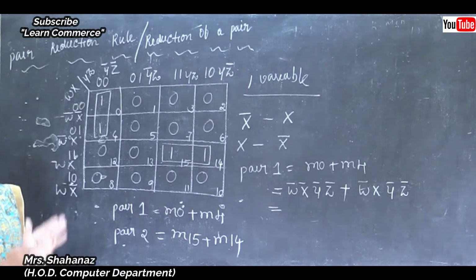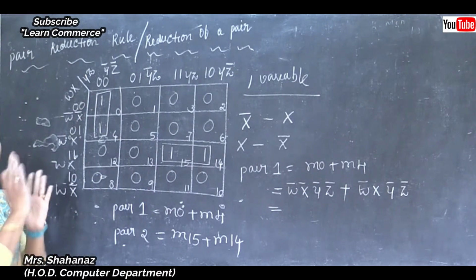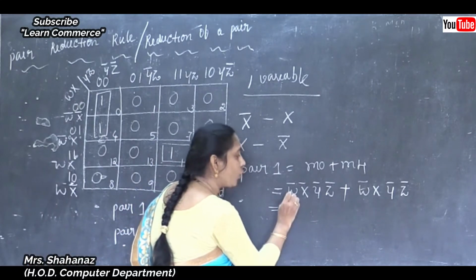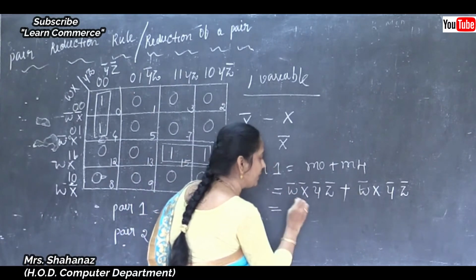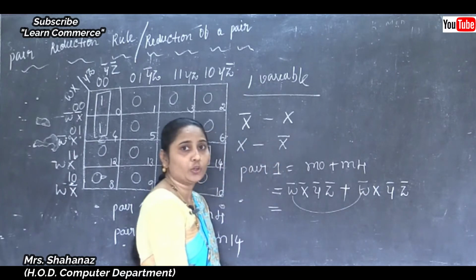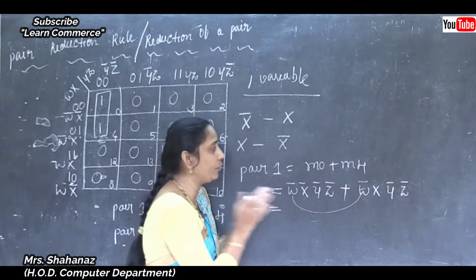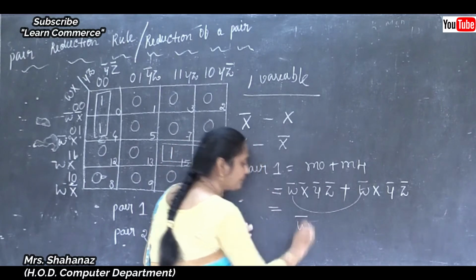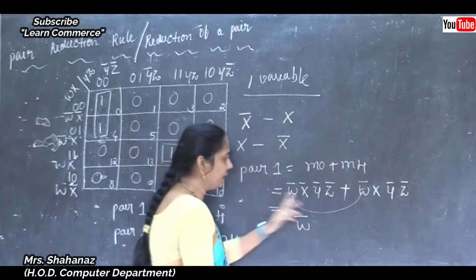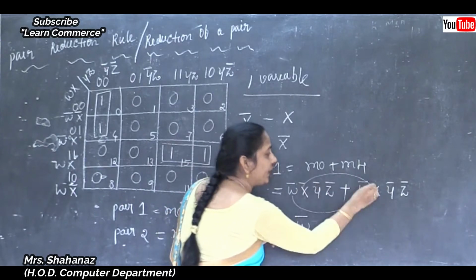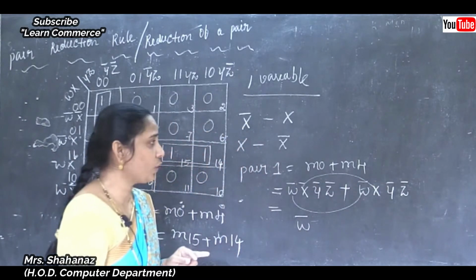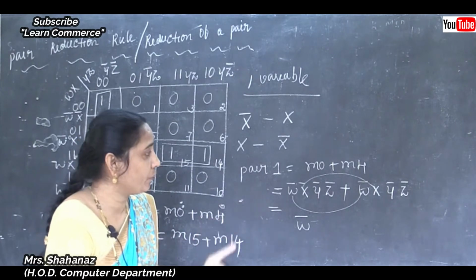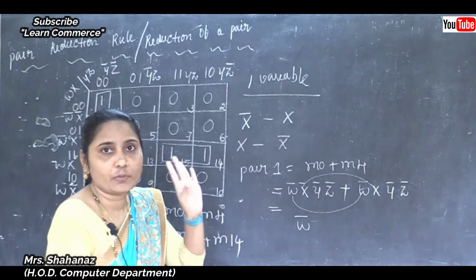While reducing, we know that a pair removes one variable only. For complement W, there are no changes, since both m0 and m4 are equal. Next, comparing m0 and m4, in m0 complement X is there, but in m4 just X is there.